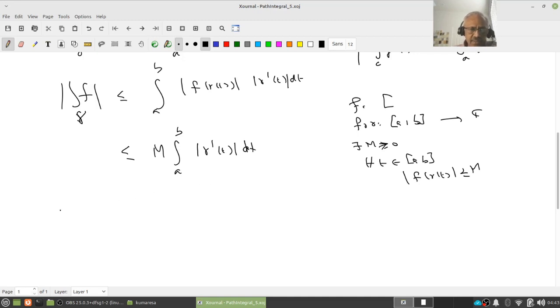Now notice that once gamma is given, this may be equal to the sum from i equal to 1 to n of the integral from t i minus 1 to t i of modulus gamma prime t dt, in case gamma is piecewise C1.